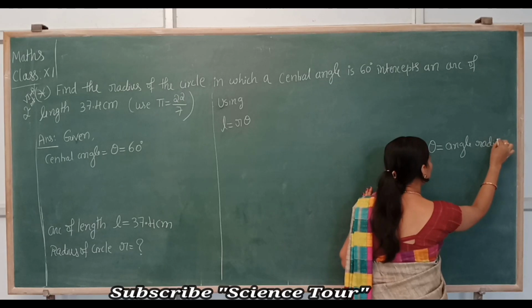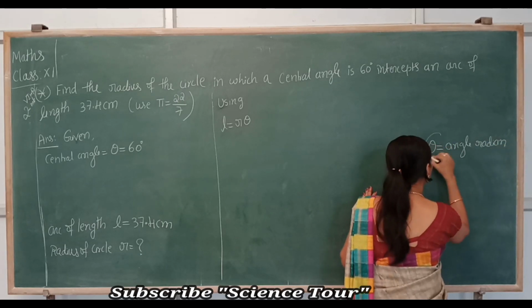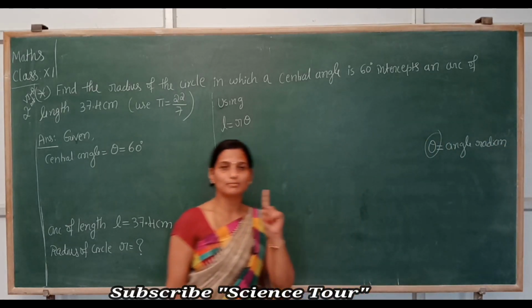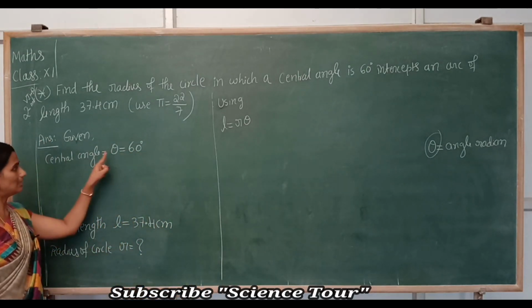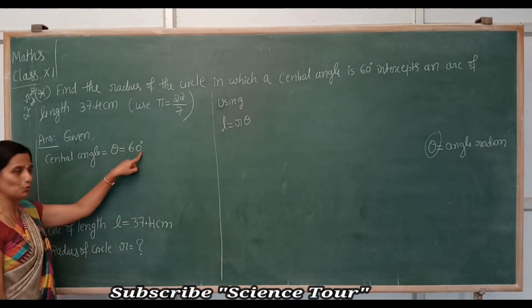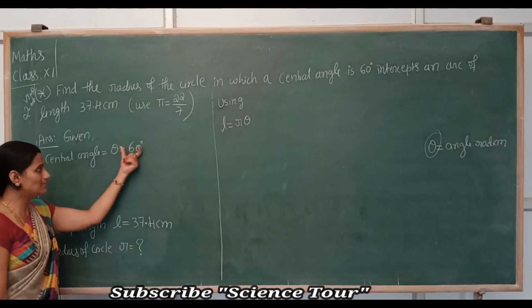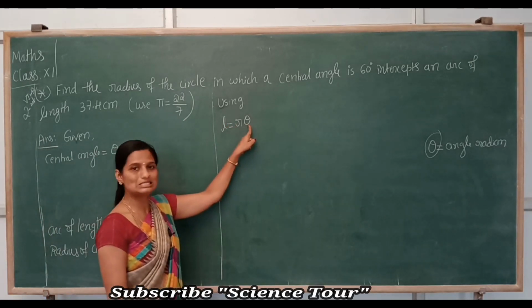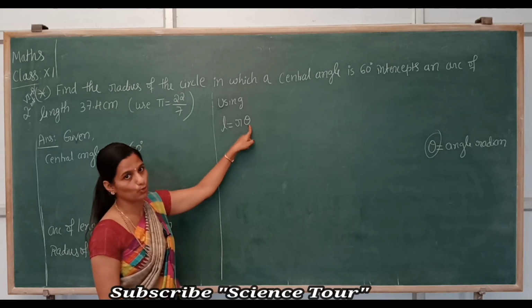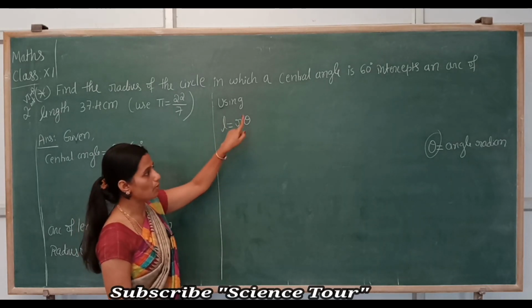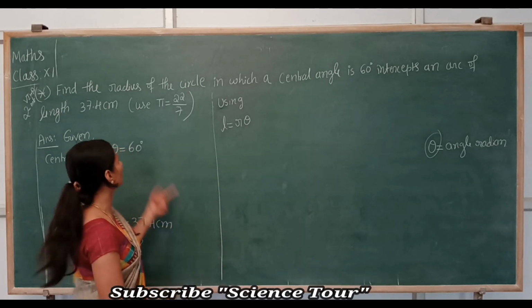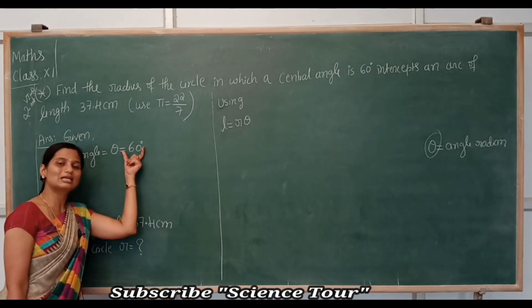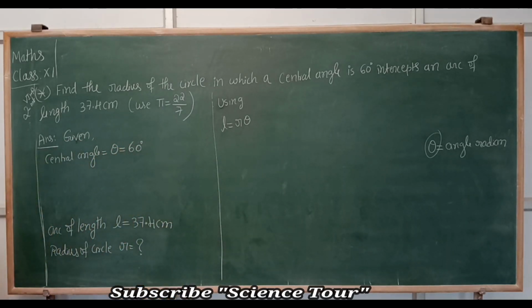So theta must be in radian units. But here given is theta is equal to 60 degree. Is this direct substitution, theta is equal to 60 degree? No. According to this formula, theta is angle in radian. So this degree should be converted to radian.